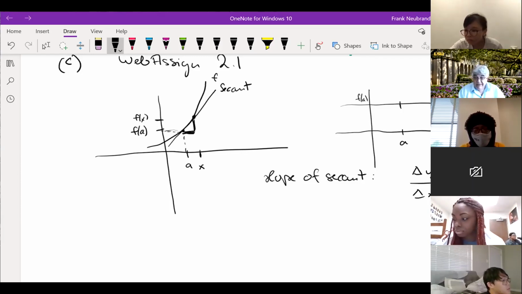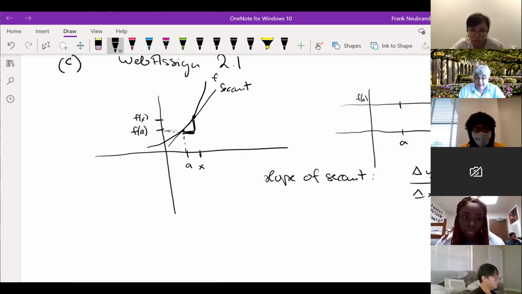And if x is really close to a, then this number will be a good estimate of the slope of the tangent line to the curve at this point.